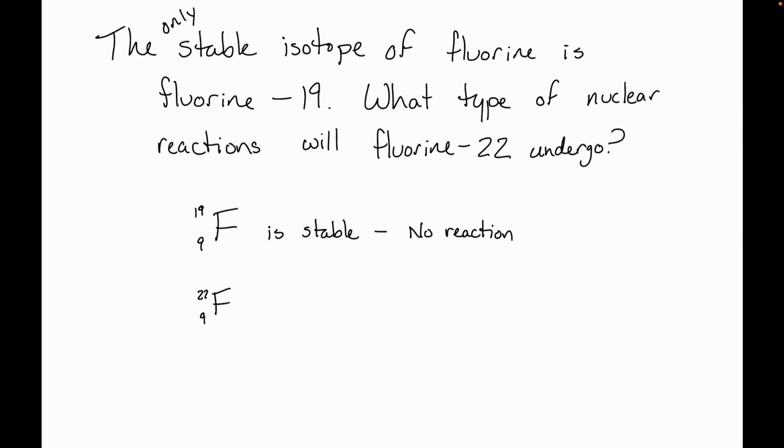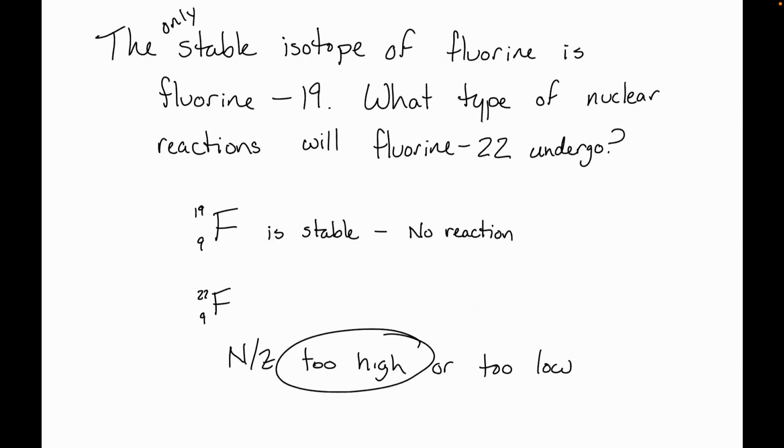All right, so in this problem, I'm telling you, fluorine 19 is stable, and in fact is the only stable isotope of fluorine. So if we're talking about fluorine 22, does that mean N over Z is too high or too low? Do I have too many neutrons or too few neutrons? Too many.